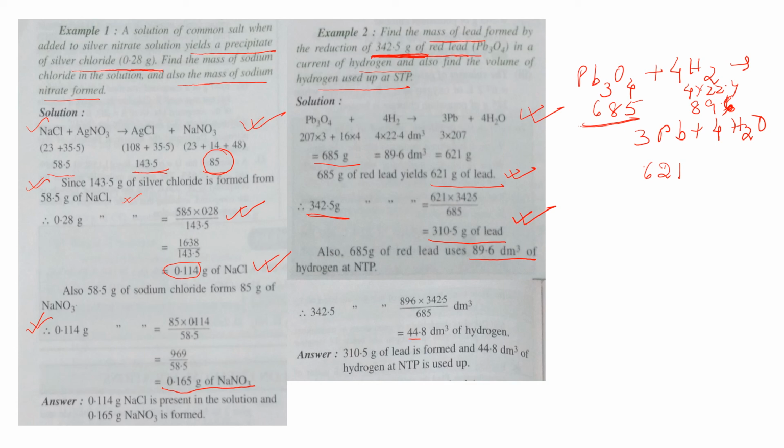So we are getting 44.8 decimeter cube of hydrogen. The sums are easy, but you have to do them on your own in your notebook. Please copy the sums in your notebook and try to do them on your own. Then only you can understand.